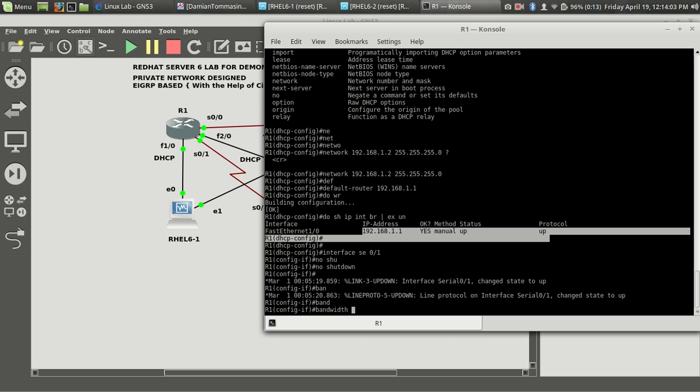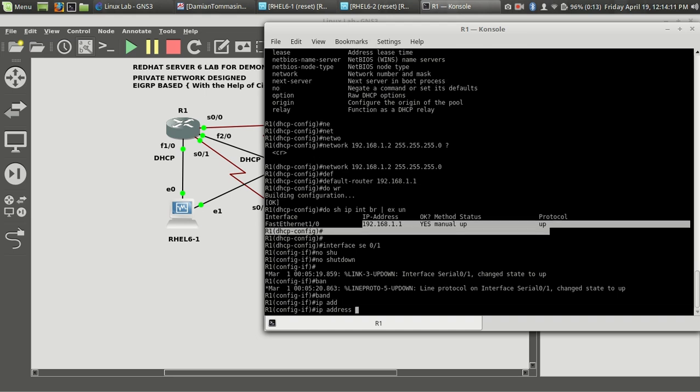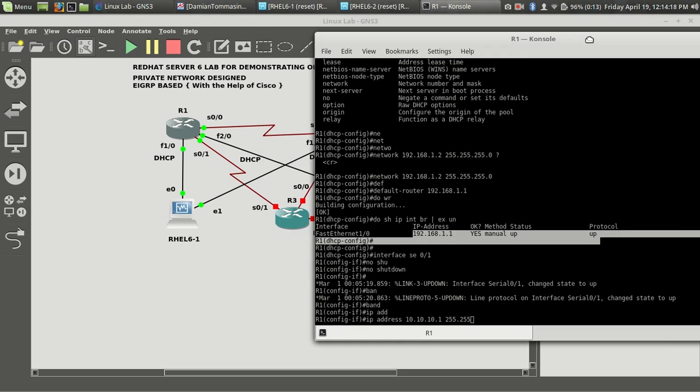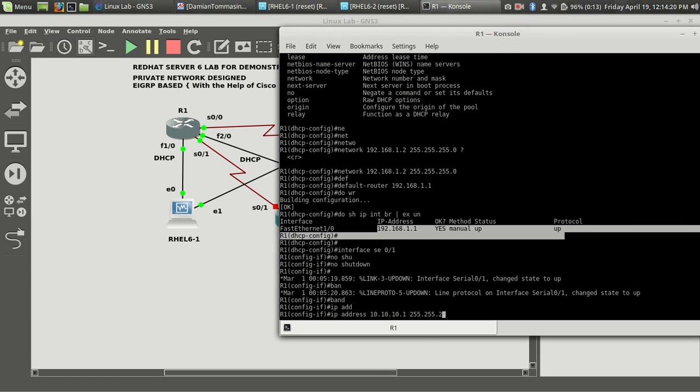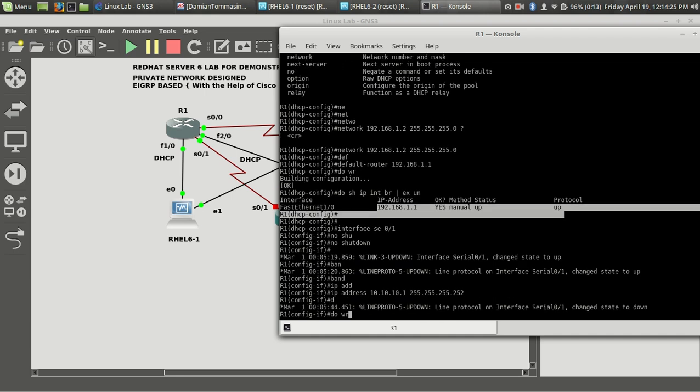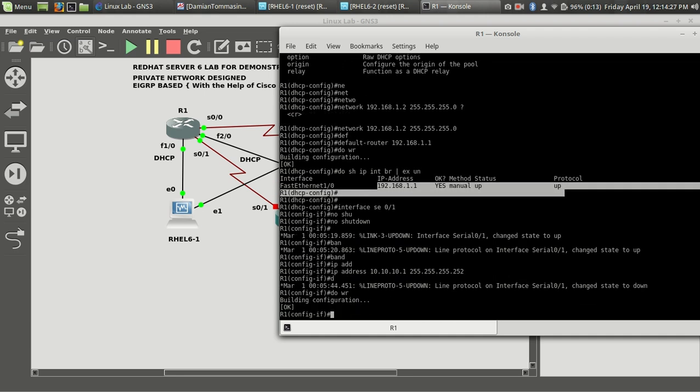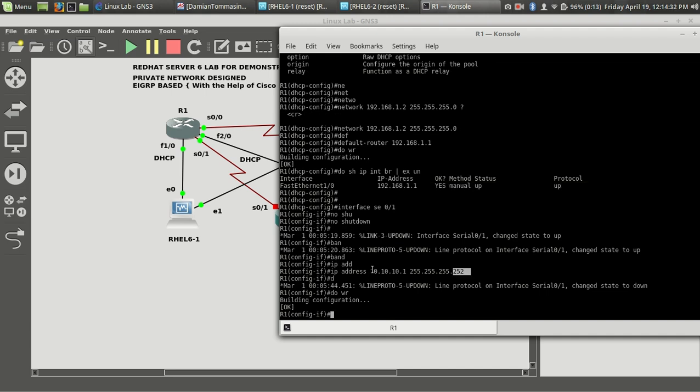The IP address is 10.10.10.1. How many interfaces do I need? I think 2, so I'm using a 30-bit mask, 252, CIDR. This is a classless subnet of a class A IP address.